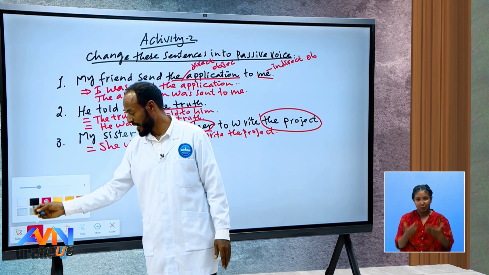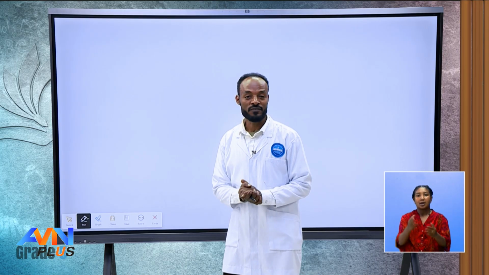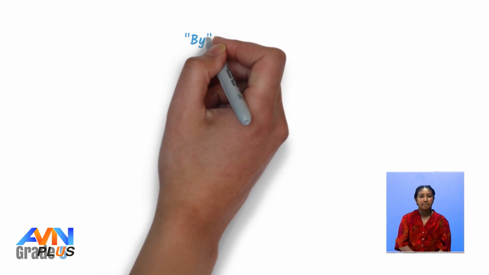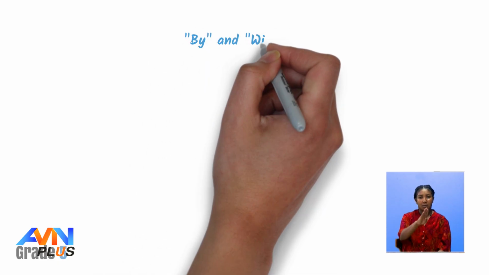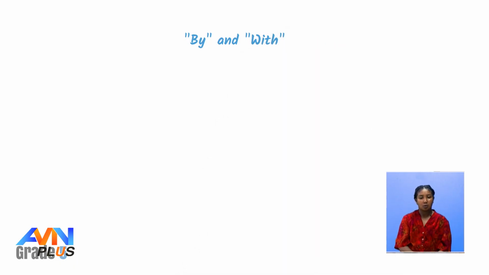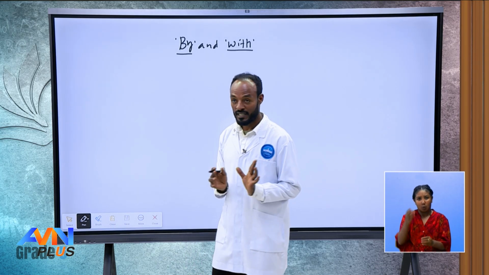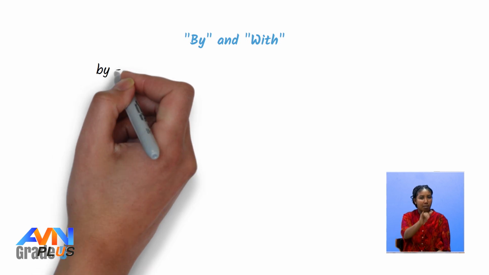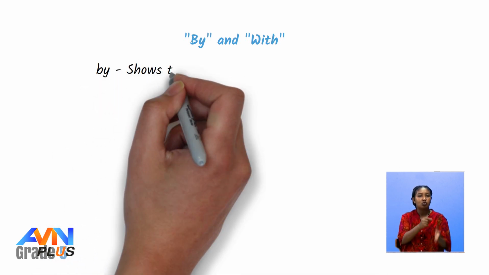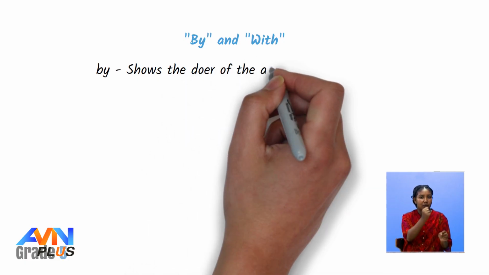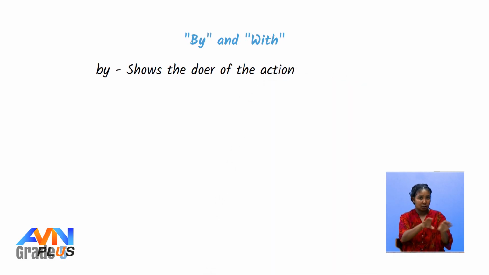Thank you very much. Students, parents, I hope you are helping your children. Okay, now let me tell you the difference between by and with, within 2 or 1 minute. Look, in passive voice, we use this concept, by. Do you know here, by is just used to show the doer of the action?